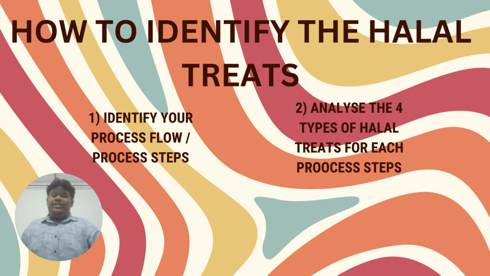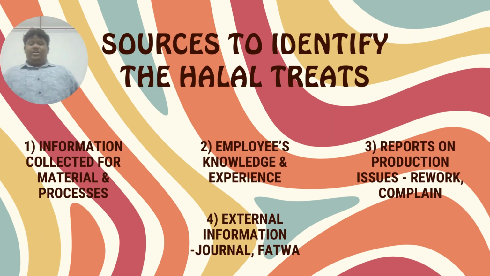Next are the sources to identify the halal check. The first is information collection for the material process, which comes from the process flow. The second is employee knowledge and experience, based on their knowledge or past experience.